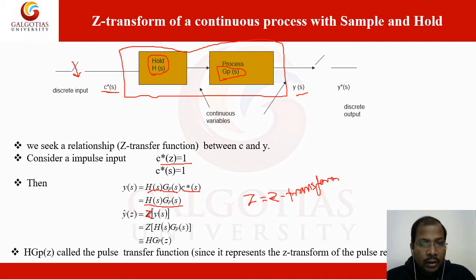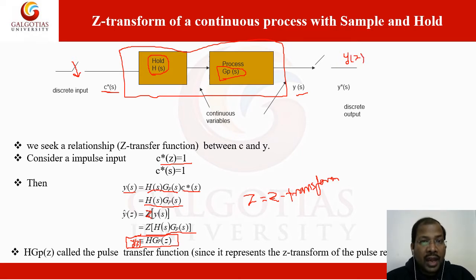This is the equivalent output: the multiplication of the process plant transfer function and the whole circuit transfer function, H of S into GP of S. Taking the Z transform, this can be represented in the form HGP of Z. This is Y of Z, the output of the system in the discrete domain.